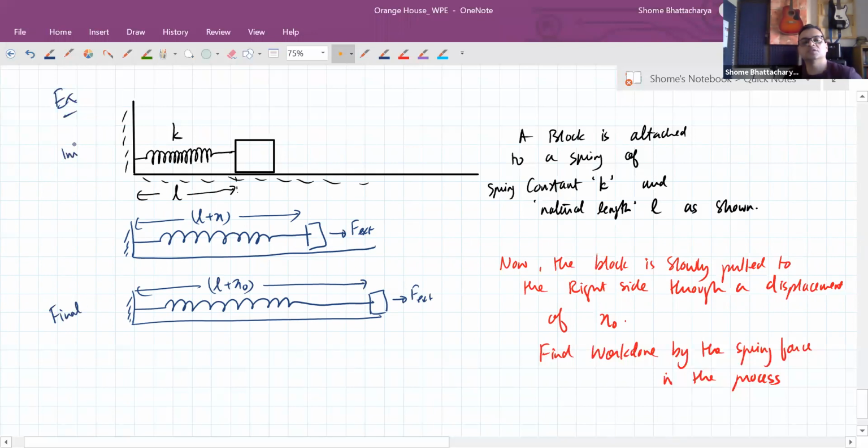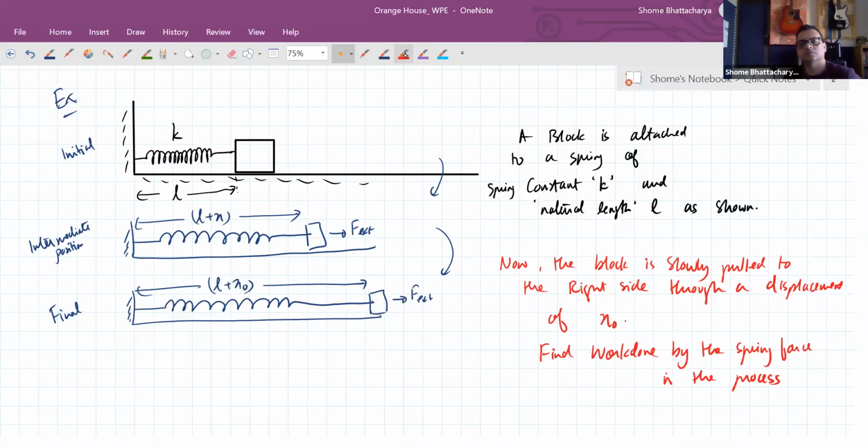This is the initial position it is starting from, and this is some intermediate position, that means in between. So the system is going from here to here, then from here to here finally. So very gradually, very slowly we are making this change. In the process, we have to calculate the work done by the spring. So note down the question first, then we will understand.